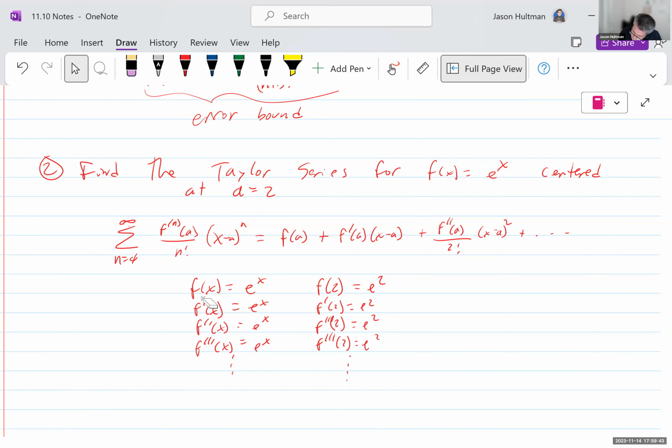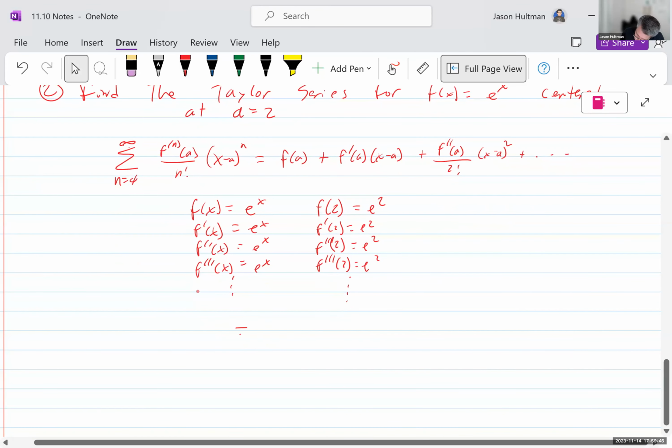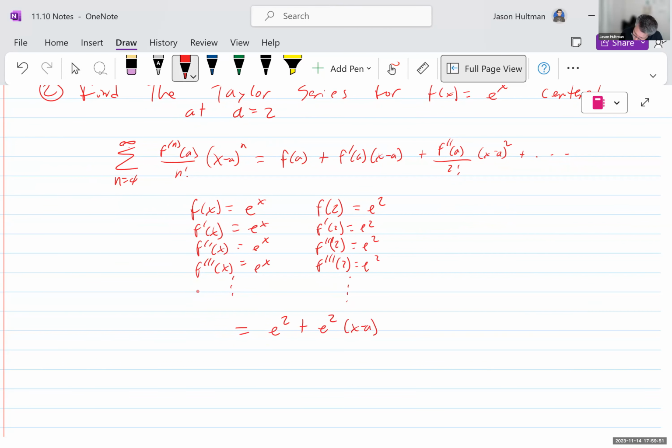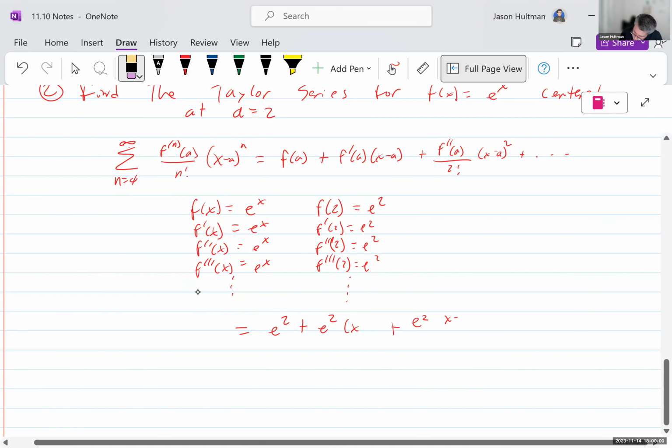Okay, and so this is going to be equal to e squared plus e squared times x minus a. But what is a? a is 2, so let's plug that in.